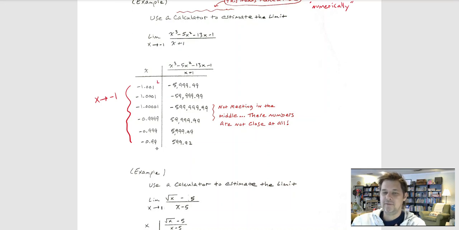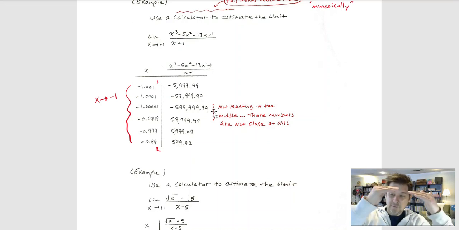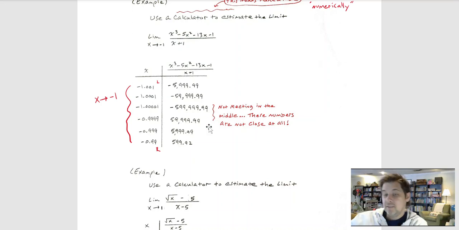Okay, left, right. And does that force some collision over here? So I plug these numbers into this function and I get these answers, but are those answers closing in like they're going to meet in the middle? It doesn't look like it, because as far as my x's on the left go, it's sending up bigger and bigger negative numbers up to -599,999.